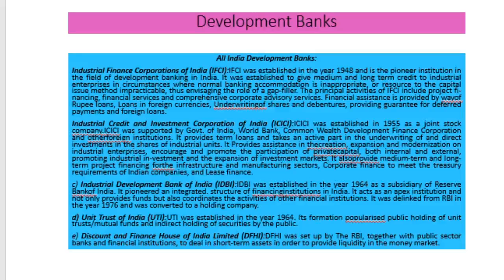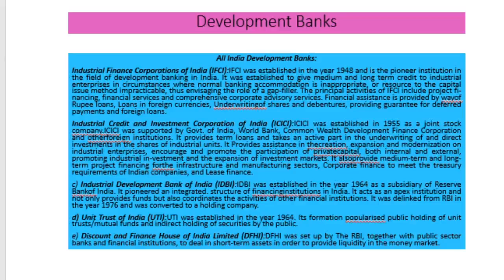These are some of the important All India Development Banks. First, the Industrial Finance Corporation of India. It was established in 1948 and was the first important development bank in India. It was established to give medium and long-term credit to industrial enterprises in India. The second one is the Industrial Credit and Investment Corporation of India, ICICI.